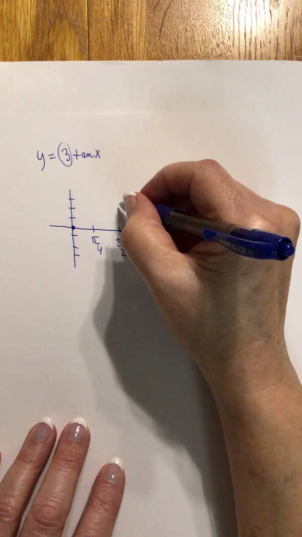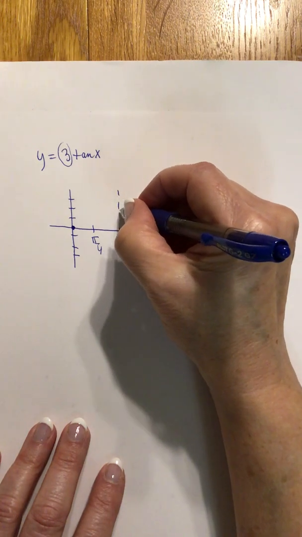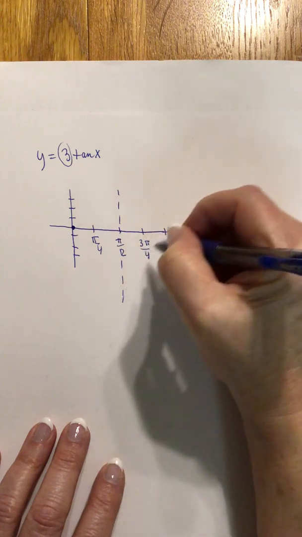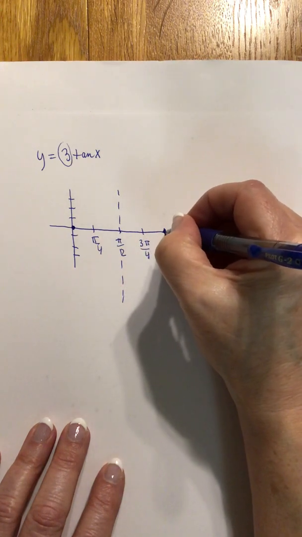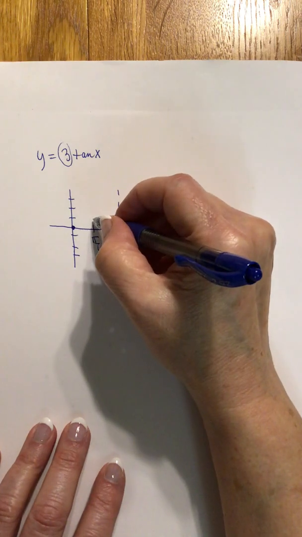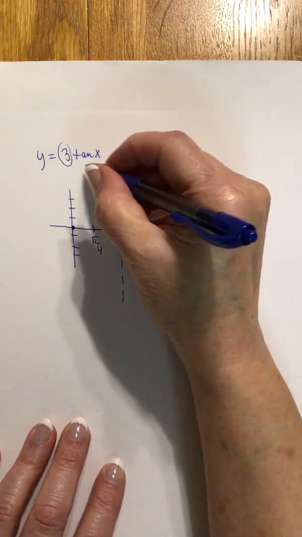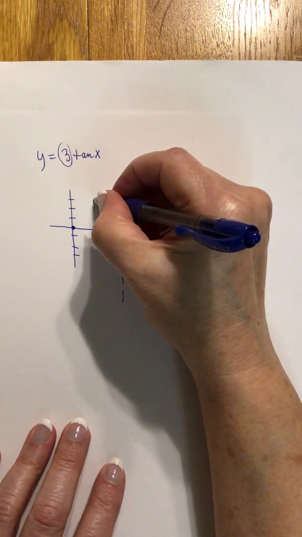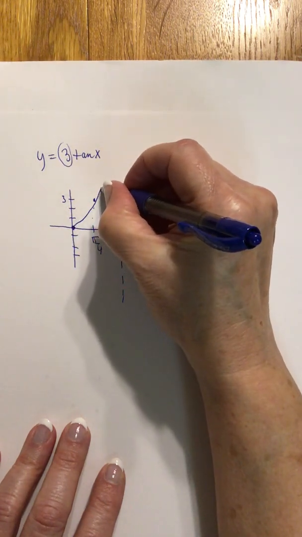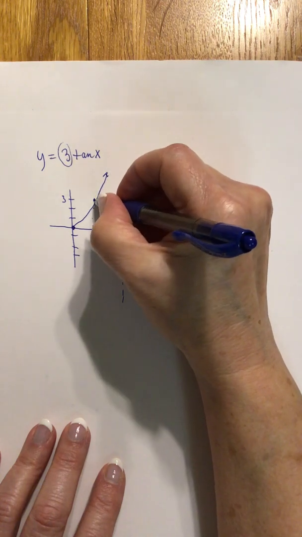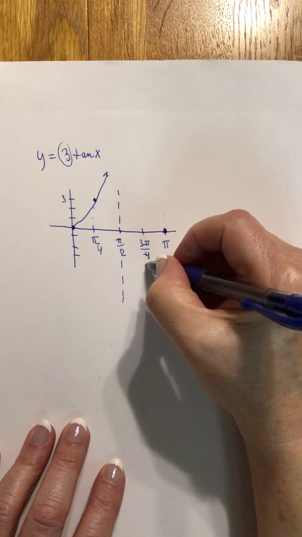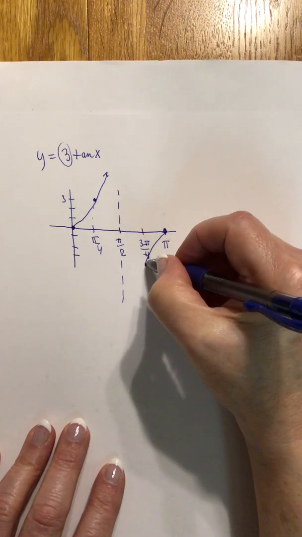So we're going to have an asymptote here, halfway between. And then we're going to have a dot again. So instead of going up to 1 at pi over 4, we're going to go up to 3. So we're going to go 1, 2, 3. And then this is going to go up. Now, I probably should have put them closer together. And this one's going to go down 3. 1, 2, 3. So it's going to go down like that.